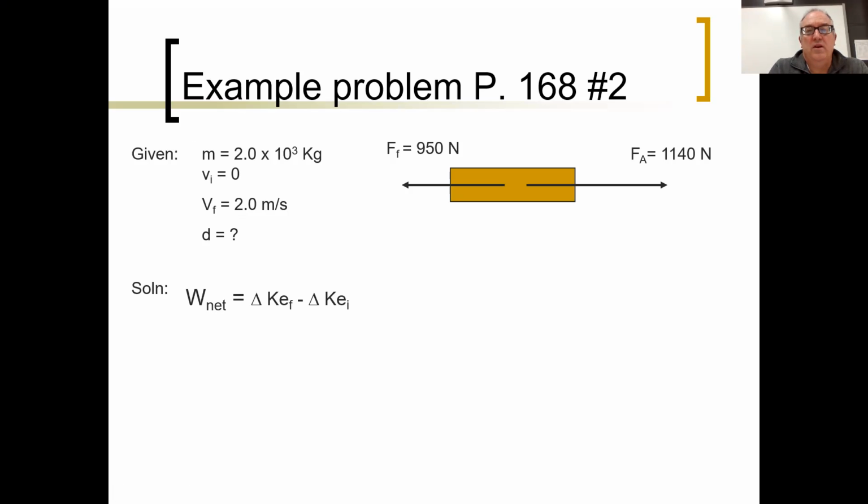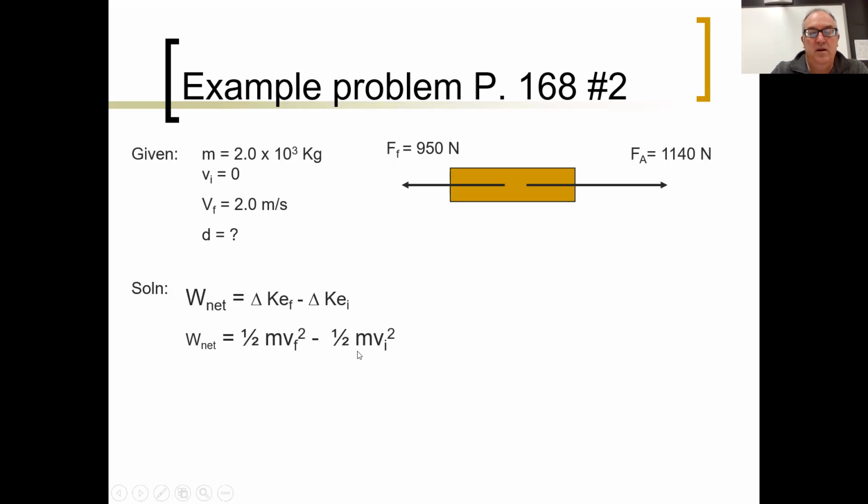I know that the equation I'm going to work is the change in kinetic energy, final minus the initial kinetic energy. And I also know, we learned this the other day, that work is equal to force times distance. I also know that my initial velocity, right here, we said is 0.